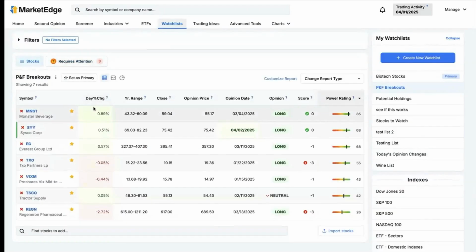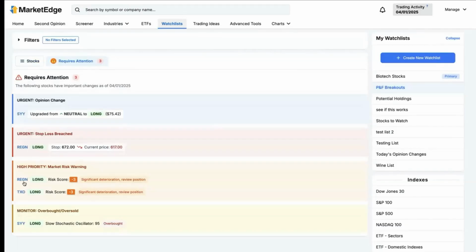So rather than just looking at a table, we surface specifically the stocks that require attention, that are exhibiting something noteworthy. Opinion change, stop loss breached, market risk warning, and overbought and oversold. We call these our 4 warning signs.